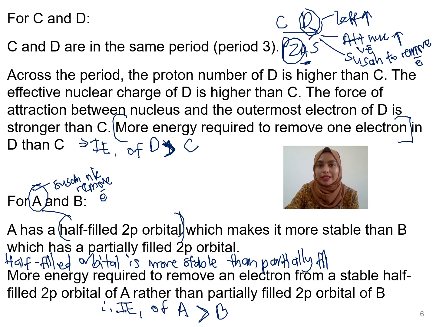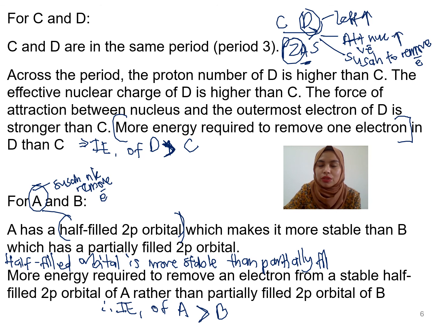So I hope that you understand apakah maksud ionization energy. Ionization energy ni ialah minimum energy yang diperlukan untuk kamu remove, kalau ionization energy yang pertama, which is kamu nak remove one electron, okay, daripada dia punya gaseous atom. Alright, lepas tu kalau you nak bercakap pasal kesenangan atau susah nak remove electron tu, dia akan membabitkan the attraction between the nucleus and the outermost shell.